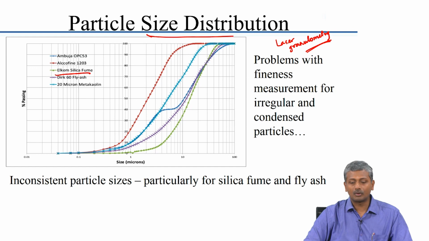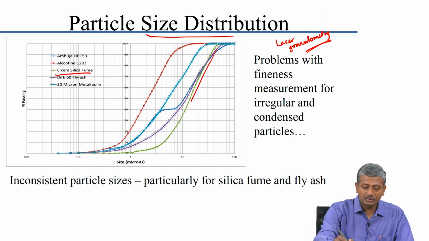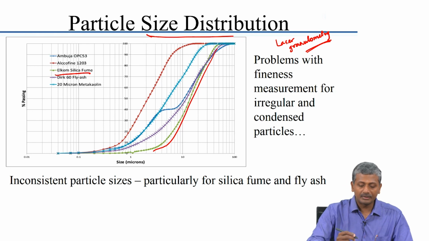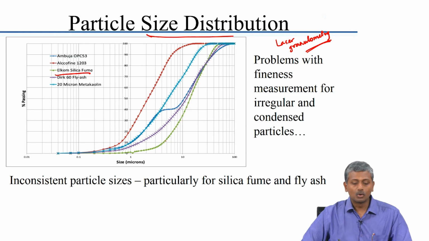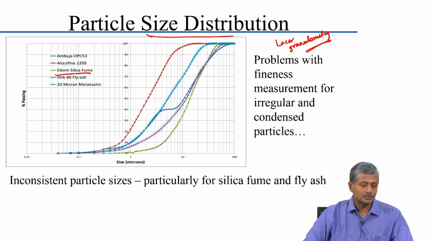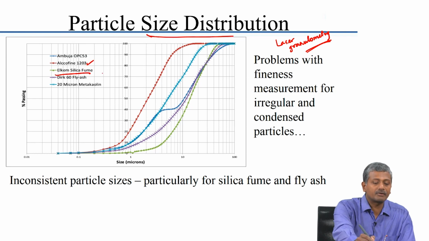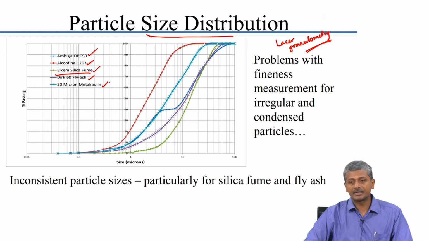So, in the condensed form, look at the particle size distribution. The green one is the silica fume, and you can see very clearly that it is much coarser as compared to even your cement. It is coarser compared to fly ash, it is coarser compared to the ultrafine slag. Okay, here this is a brand name for an ultrafine slag, that is basically 53 grade ordinary Portland cement, that is silica fume, fly ash, and you have metakaolin or calcined clay in this case.